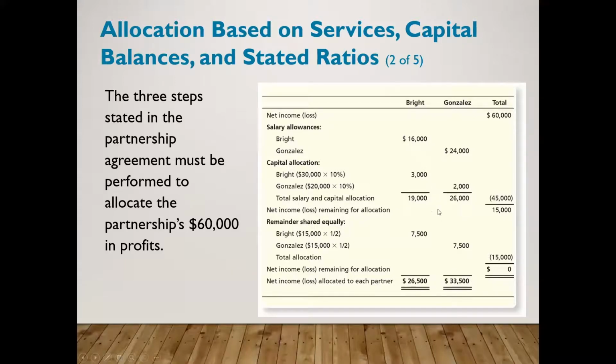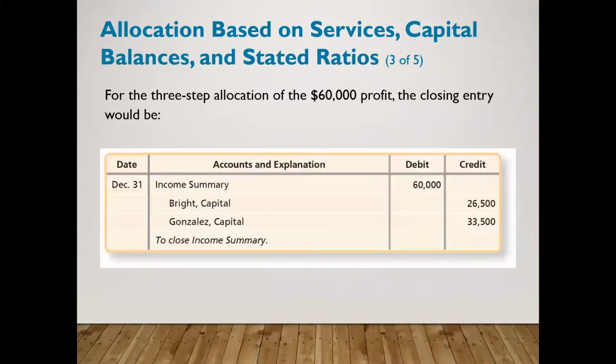So when you add Bright and Gonzalez, the $26,500 and the $33,500, you get $60,000 net income. For this allocation of the $60,000 profit, the closing entry would debit income summary for $60,000, credit Bright Capital for $26,500, and then credit Gonzalez Capital for $33,500.